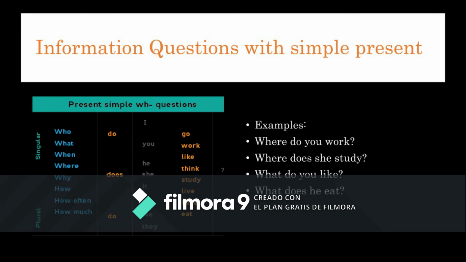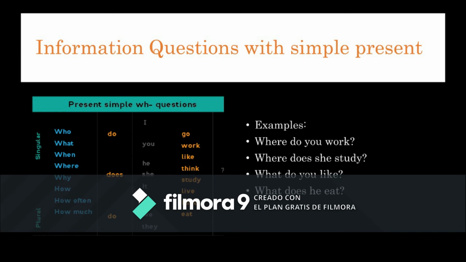Okay, remember when you want to know something about someone, you use what, who, when, where, why, how often, how much, or something like that, right? So in this case, you need to follow the next structure.